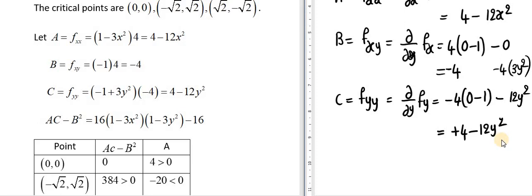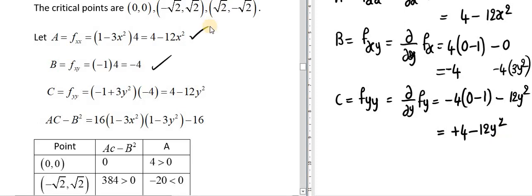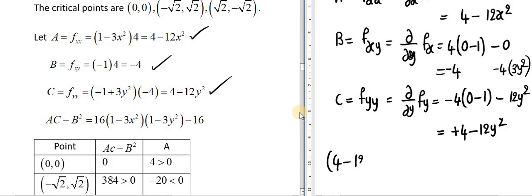Now I have a value, b value, c value. That's why I am going to find out ac minus b square. Observe, a means 4 minus 12x square. C means 4 minus 12y square.